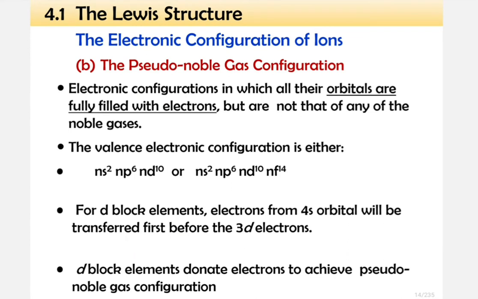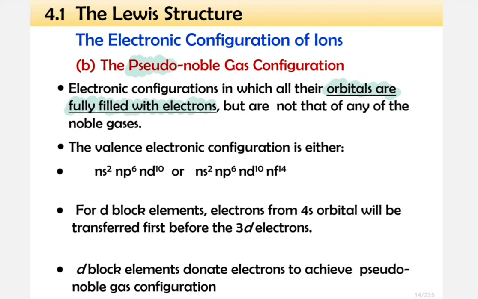Next adalah pseudo-noble gas configuration. Macam noble gas tapi pseudo. Pseudo ni macam fake lah, seolah-olah noble gas. Kenapa? Because all of the orbitals are fully filled with electrons, but not that of any of the noble gas.